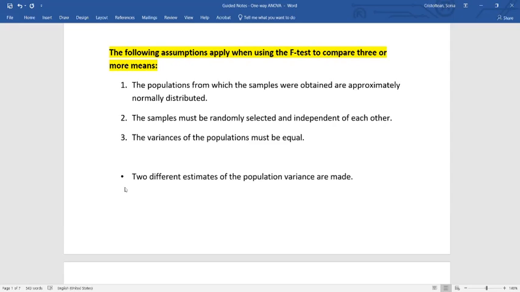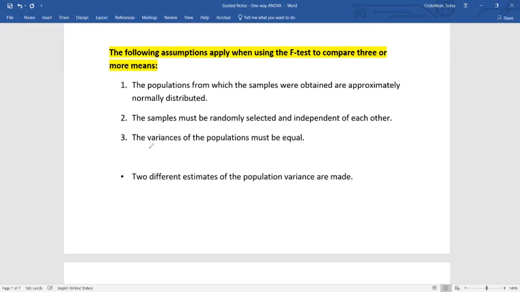The following assumptions apply when using the F-test to compare three or more means. First, the populations from which the samples were obtained are approximately normally distributed. Second, the samples must be randomly selected and independent of each other. And third, the variances of the populations must be equal.